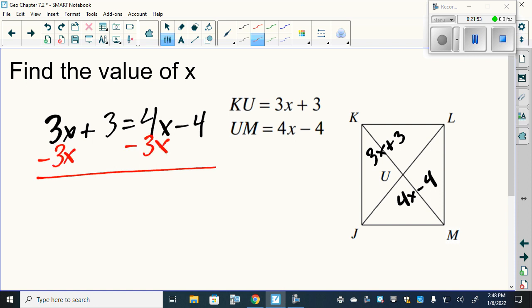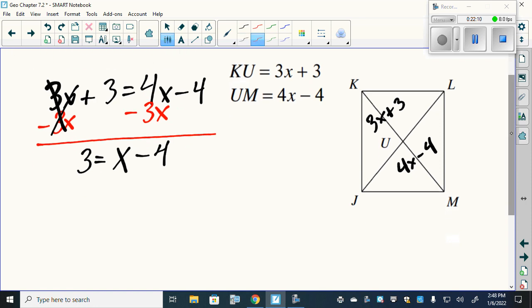So we'll subtract 3x from both sides to move it from one side of the equal sign to the other. 3x minus 3x would be 0, so 3 is equal to x minus 4. And now we would add 4 to both sides, telling us that x is equal to 7.